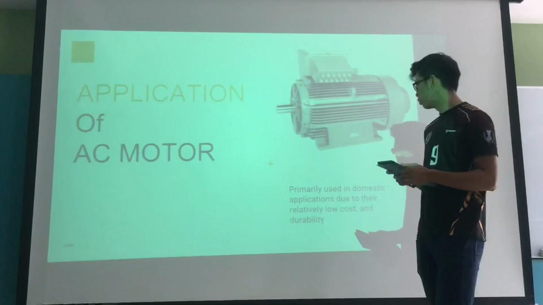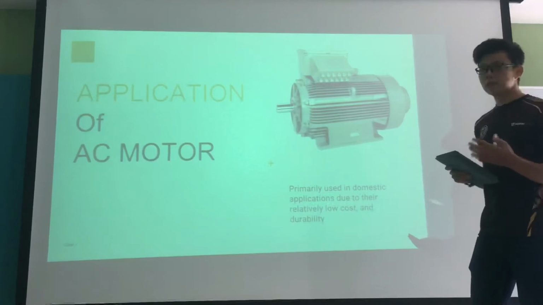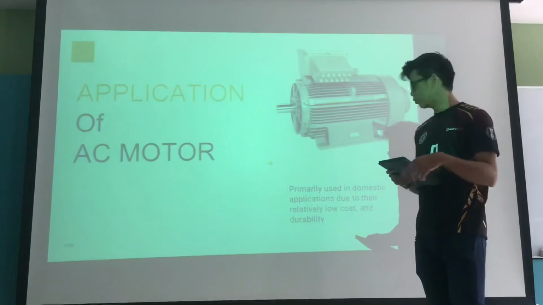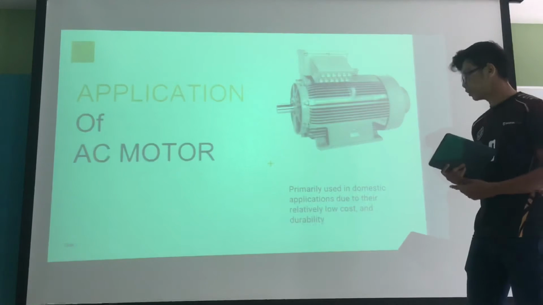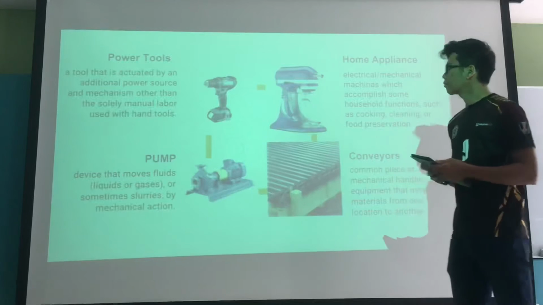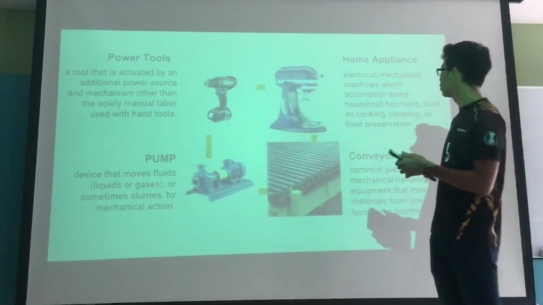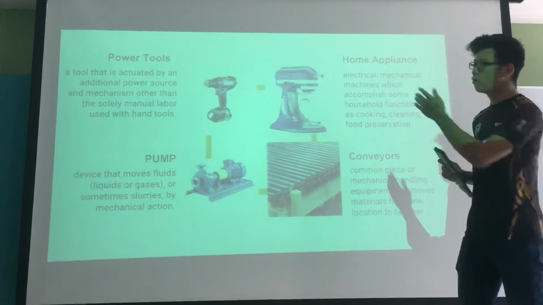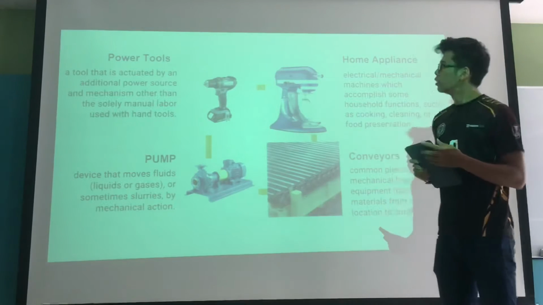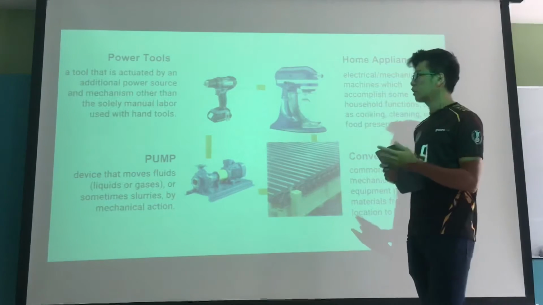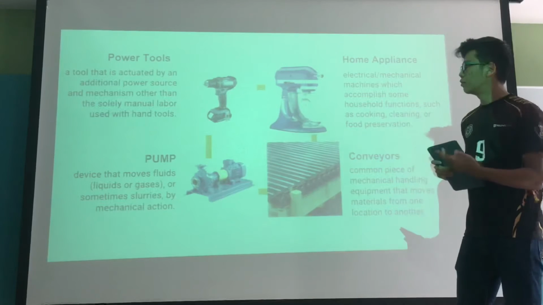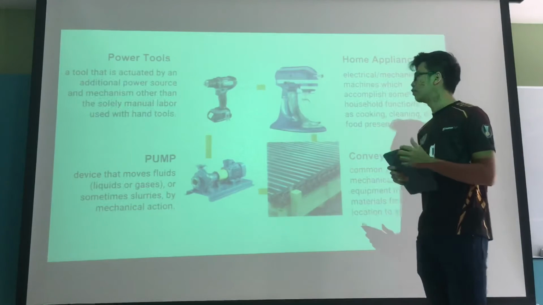Application of AC motor. AC motors are primarily used in domestic applications due to their relatively low cost and durability. There are some examples of tools using AC motor. First is power tool, a tool that is actuated by an additional power source and mechanism other than the solely manual lever used with hand tools.